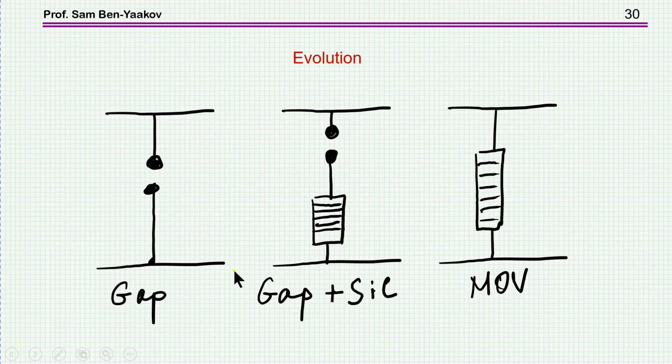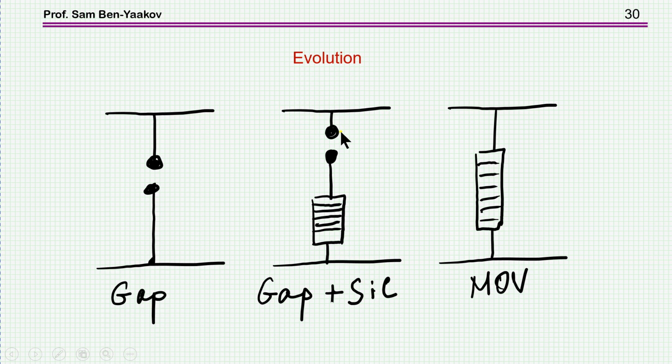The early protection were done by gap. The spark gap has a problem that when it strikes, it is a short, which is not very good. On the other hand, a combination of a spark gap plus a varistor, and in the early days it was a silicon carbide, is a very good combination, because number one, the silicon carbide is not exposed all the time to the voltage, and therefore the leakage issue is no issue.